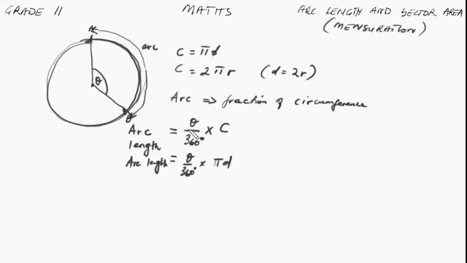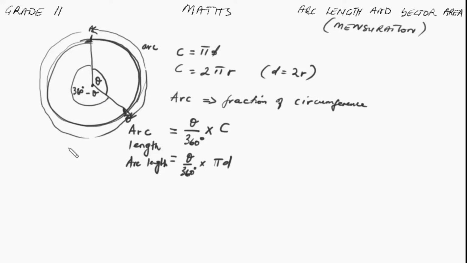Now, let's say you wanted to find this other arc length. Remember, this is the major arc and this is the minor arc. The minor arc length would be this one, and the major arc length would be this one. So what is this angle here? If this angle is theta, the angle here is going to be 360 degrees minus theta.